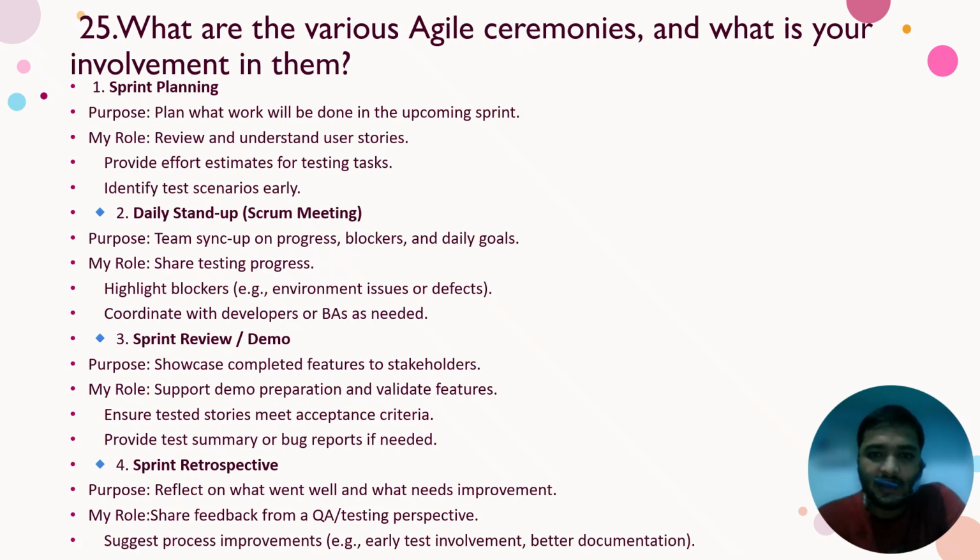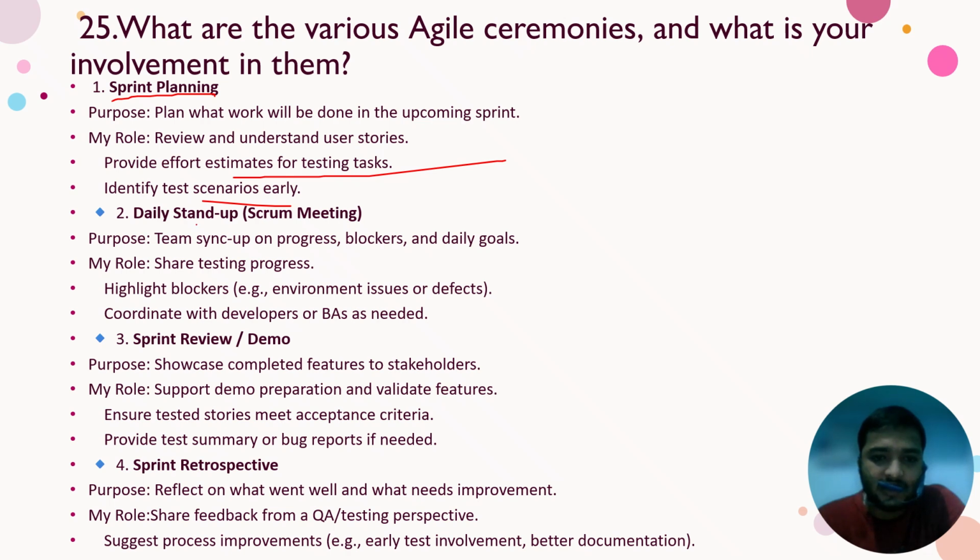What are the various agile ceremonies, and what is your involvement in them? We attend sprint planning. In sprint planning, we plan what we will do in the upcoming sprint. My role is to review and understand the story, provide the effort estimate for the test tasks, and identify test scenarios early.